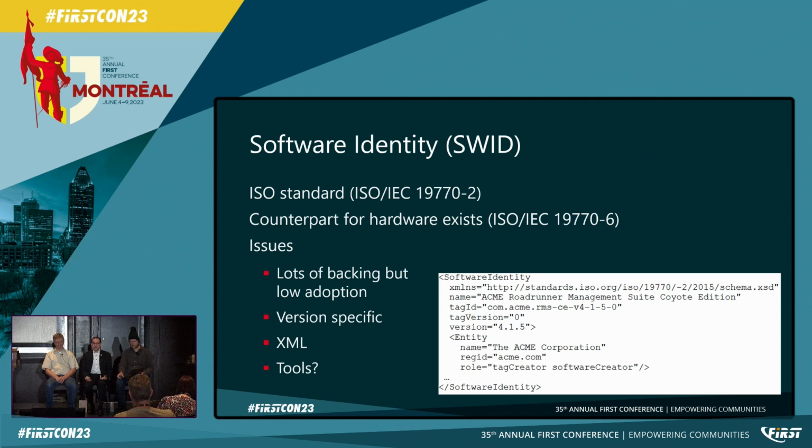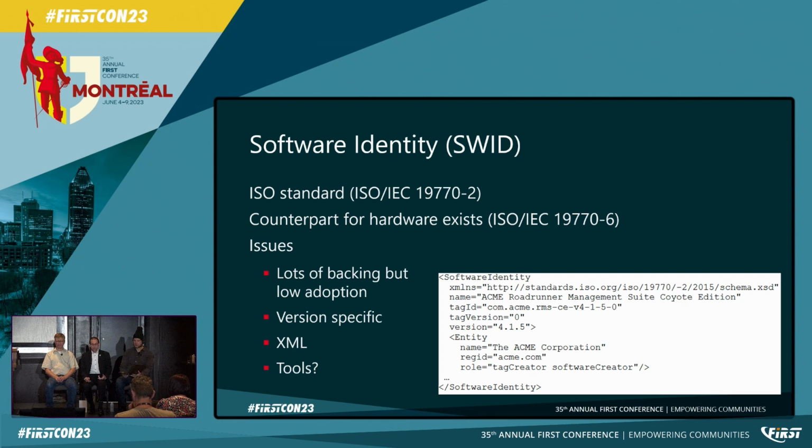Then there is CERT. CERT is an ISO standard. There's a counterpart for hardware as well. And the issue is basically lots of people say, yeah, we support CERT, but actually nobody adopted it. If you look on the websites, NIST says, yeah, we support CERT, but if you look on the NVD or something else, you couldn't find very much CERT adoption there.